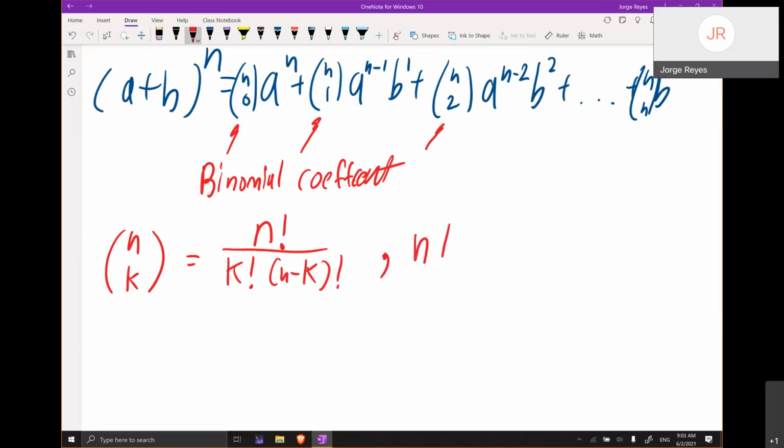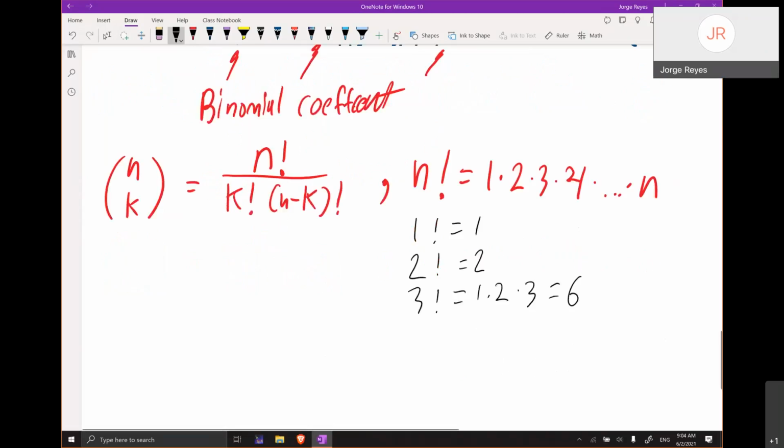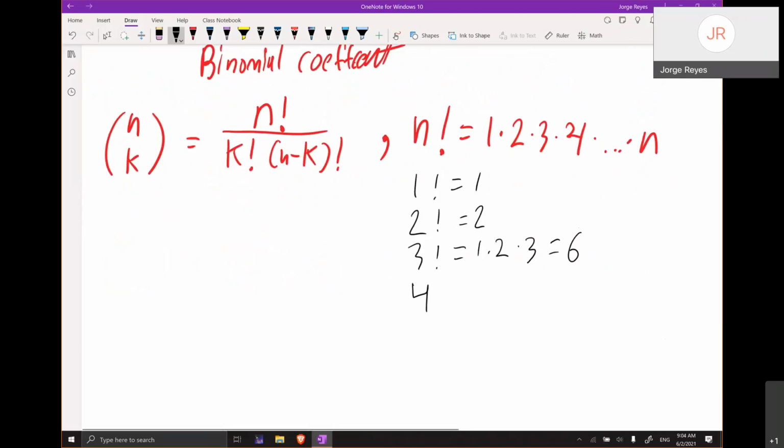Okay, so then the question is, what's a factorial, right? So n factorial is going to be 1 times 2 times 3 times 4 times all the way up to n. Okay, so 1 factorial is 1, 2 factorial is 2, 3 factorial is 1 times 2 times 3, which is 6. 4 factorial is 1 times 2 times 3 times 4, okay, which is 24, and then it keeps going.